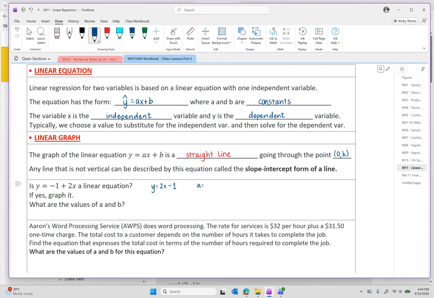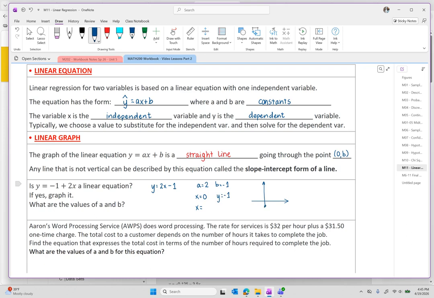And a will be the number 2 and b will be the number -1, and therefore we can graph it. To graph a straight line we need 2 points, and that means we will put 2 values in for x, find the y, and then connect those points. The easiest value to select for x is 0, which will give us a y of -1.